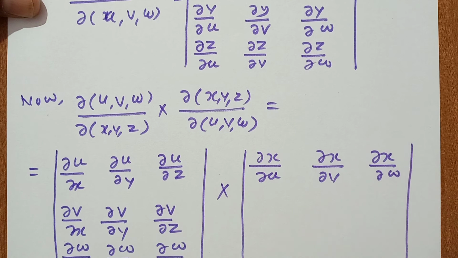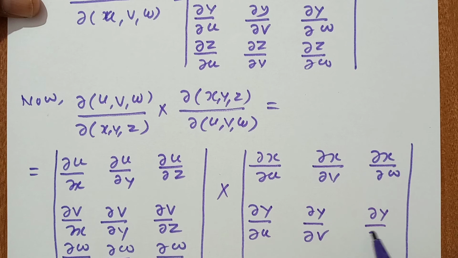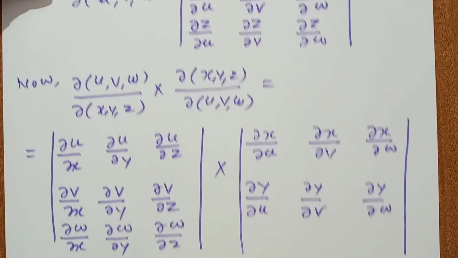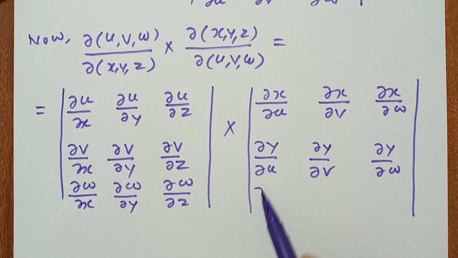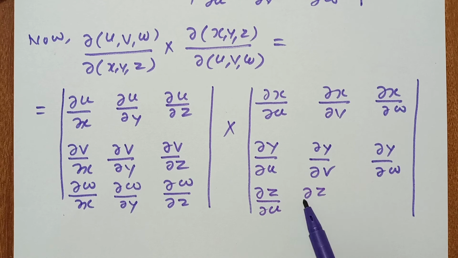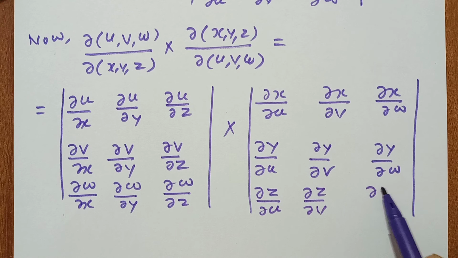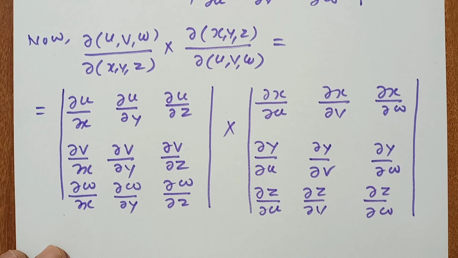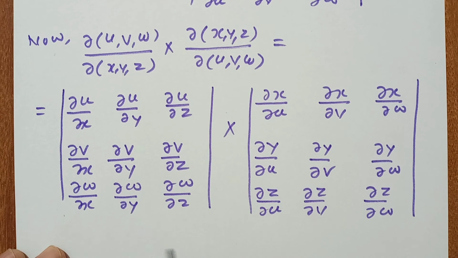In the second row, del y upon del u, del y upon del v, del y upon del w. And the third row, del z upon del u, del z upon del v, del z upon del w. So now we multiply two determinants. Okay, this is a 3 by 3 determinant and this is a 3 by 3 determinant.